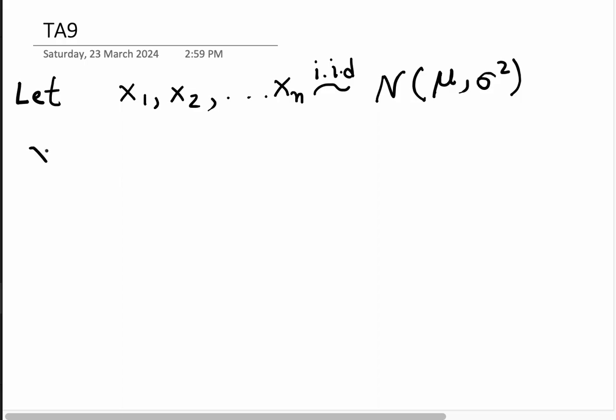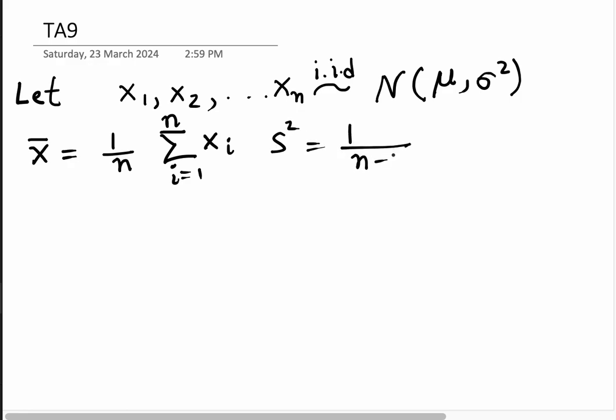And x bar is the arithmetic average, the sample mean, 1 over n summation of xi, and its sample variance is 1 by n minus 1 summation i equal to 1 to n of xi minus x bar squared.